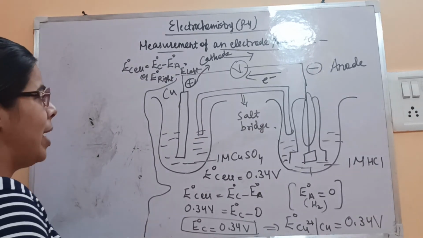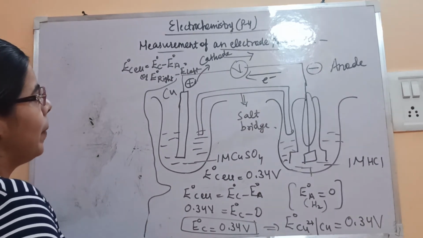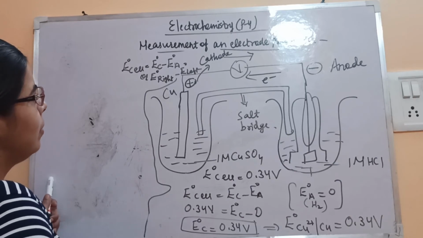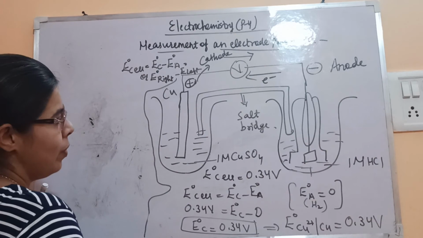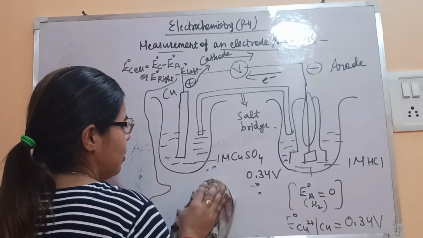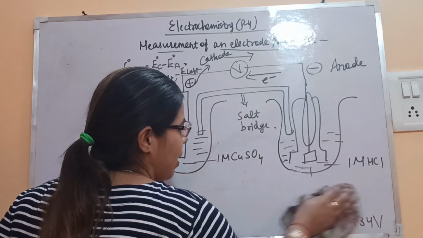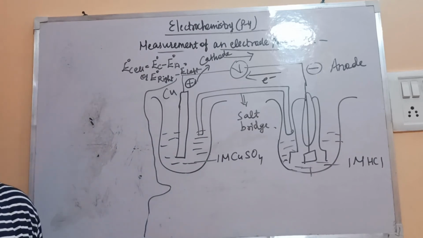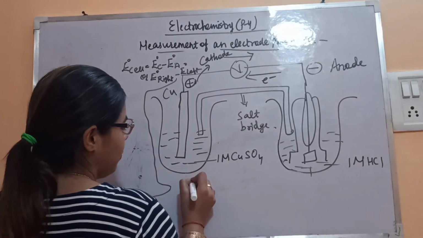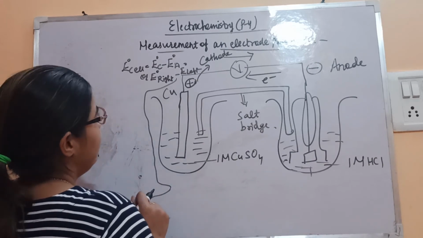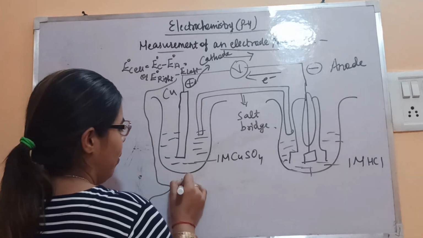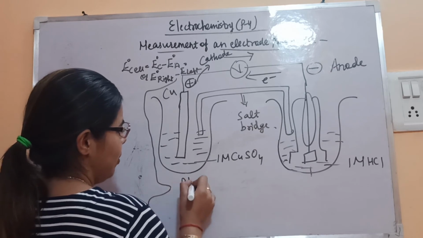E naught cell, how to calculate this? Let's have a representation of this cell. It will become the opposite of that. On the left side hydrogen will come, because oxidation is taking place there.